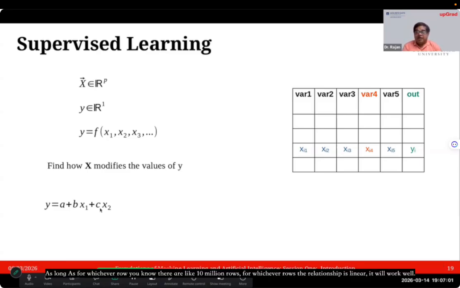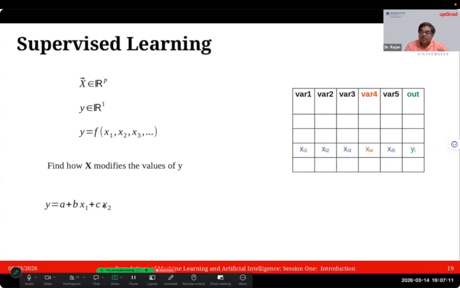Among like 10 million rows, for whichever rows the relationship is linear, it will work well. For rows for which the relationship is non-linear, this will not work. That's what a model is.